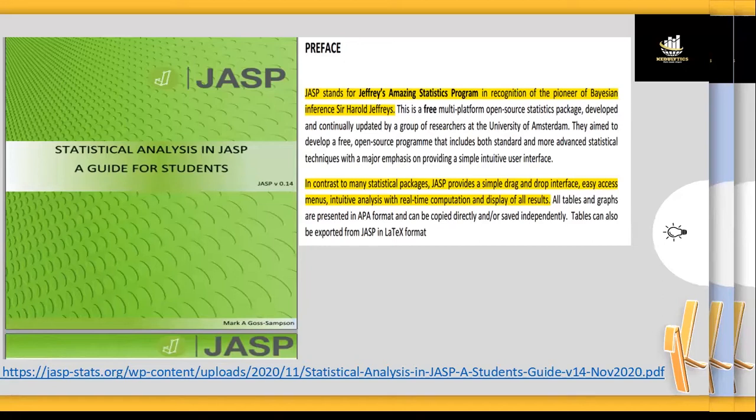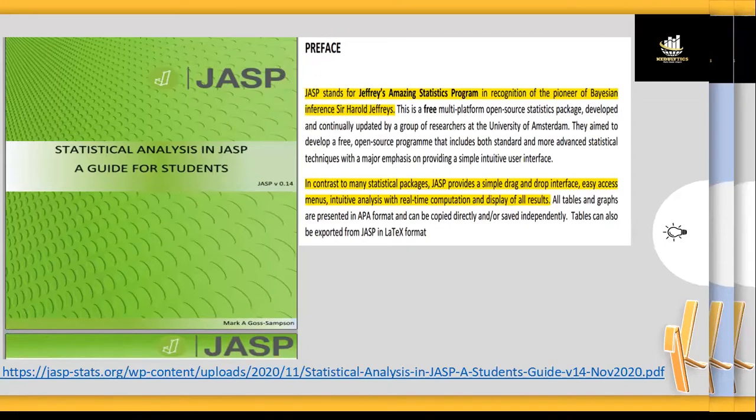Today's practical session is taken from the book Statistical Analysis in JASP: A Guide for Students, written by Mark A. Goss. In the preface of that book, he helped us to see the full meaning of JASP.